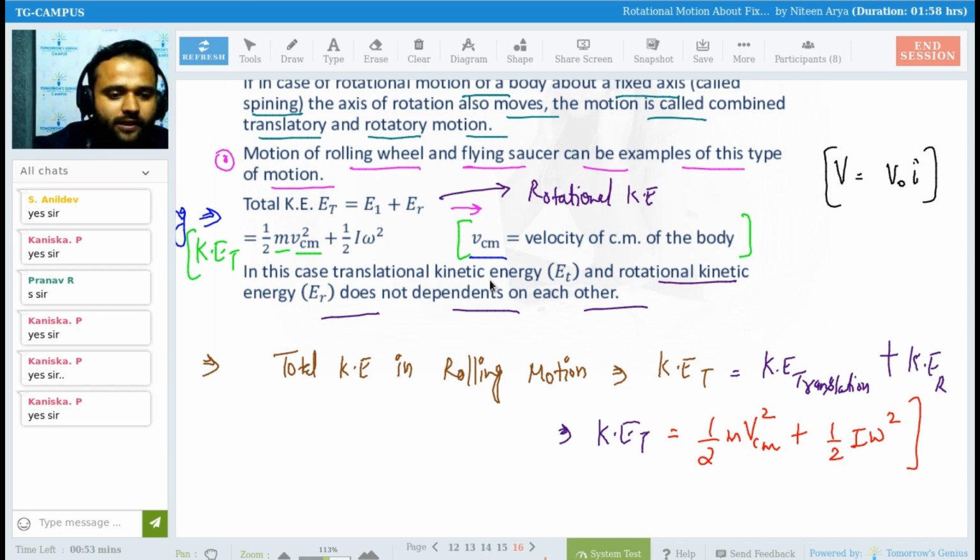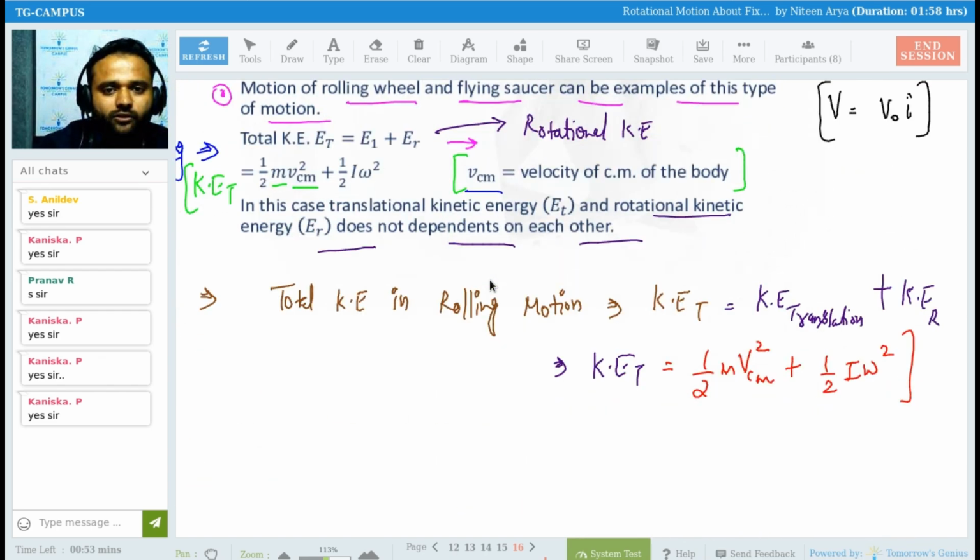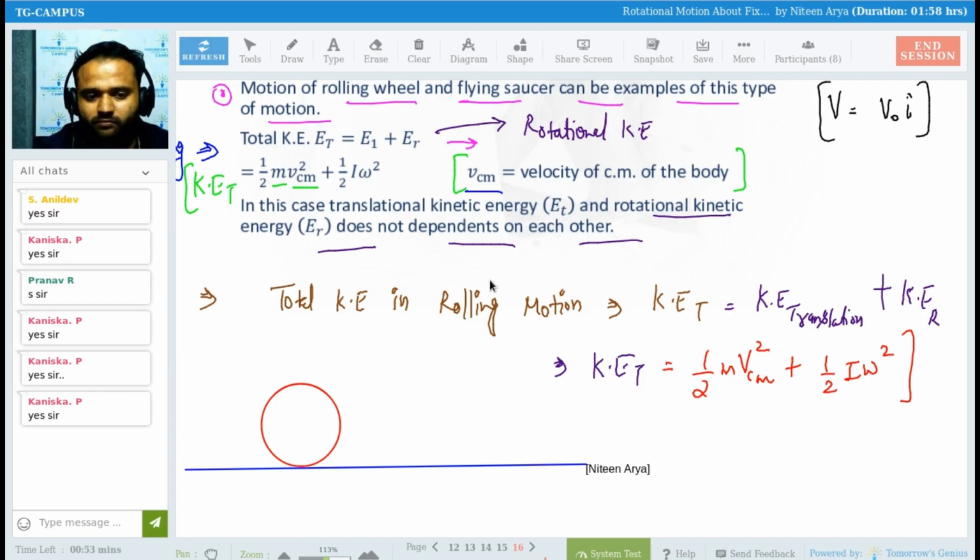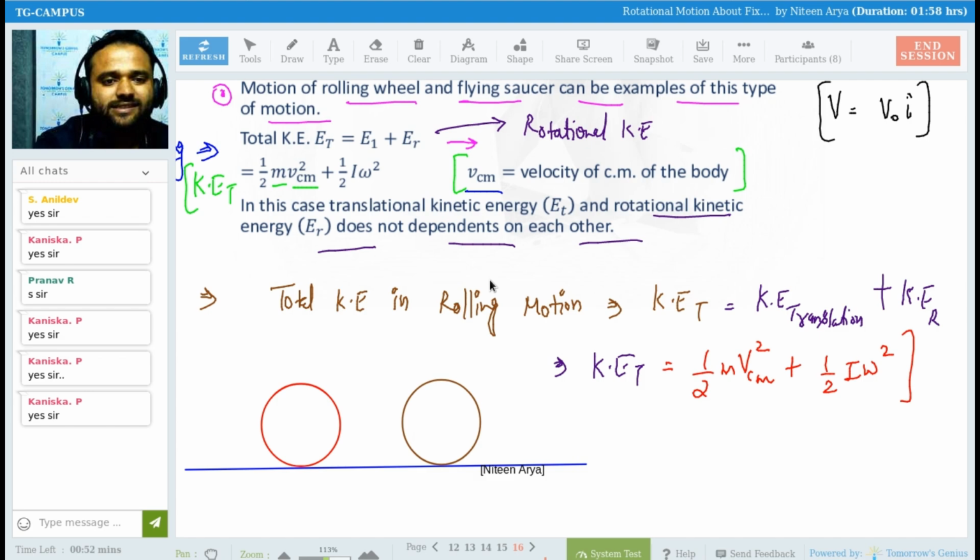One important point also here. In rolling motion, the velocity of point of contact is 0. What is the point of contact? Okay, just a minute, I can draw and teach you in that way. So in each particular kind of rolling motion, the velocity of point of contact is 0. At this particular point A, the point of contact means the particular point which is going to be in contact with the ground.